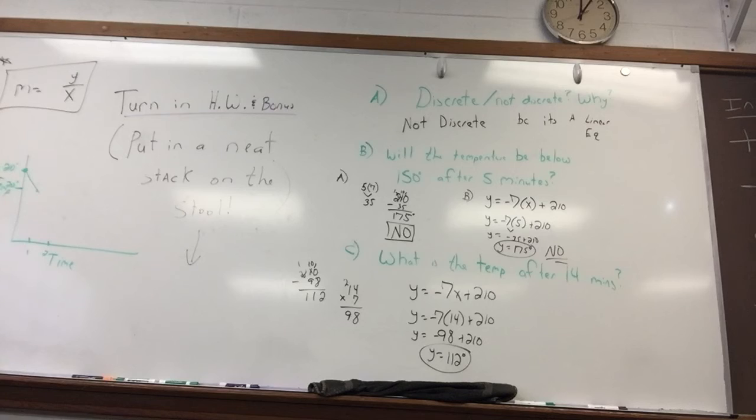You are doing number 1, letters A, C, and D. Number 3, you are doing A, C, D, and E. And number 4, you are doing A, C, and D.